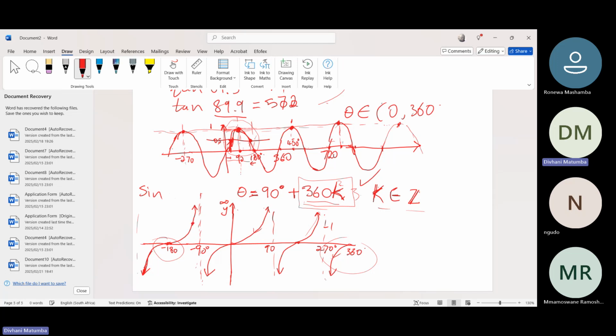Let's say, for instance, I draw a horizontal line there. What is the distance from there to there? Or what is the change in angle?